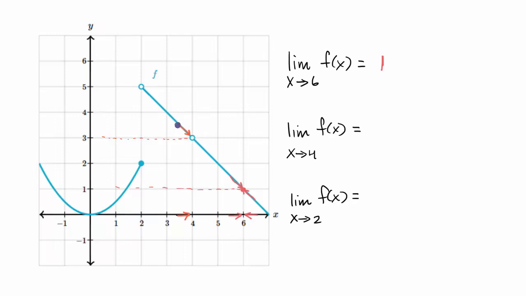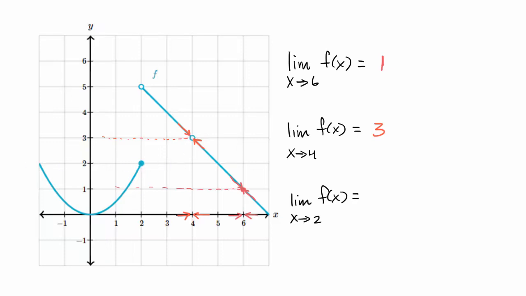But when we approach x equals 4 from the left, it looks like f is approaching 3. And when we approach 4 from the right, once again, it looks like our function is approaching 3. So from what we can tell from the graph, the limit of f of x as x approaches 4 is 3, even though the function itself is not defined there.